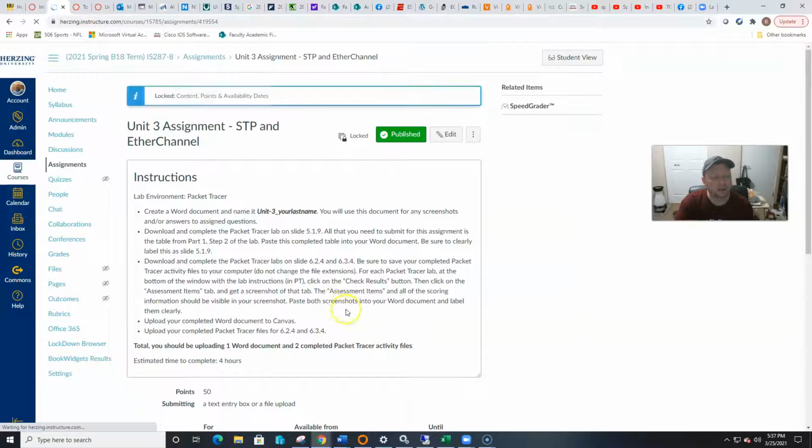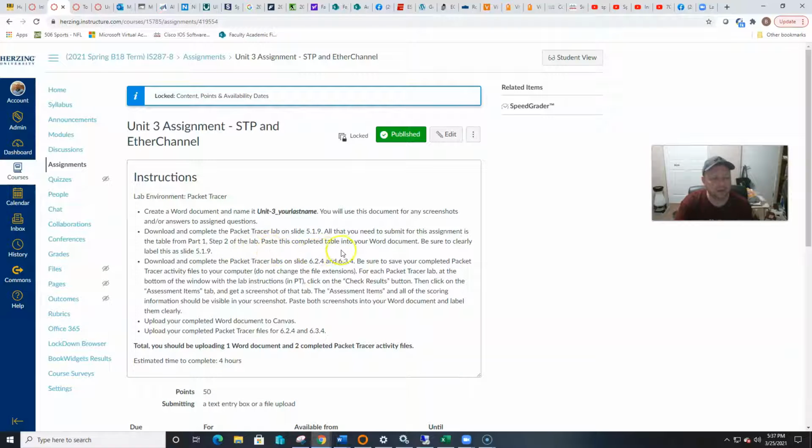Taking a look at the assignment, not a whole lot going on here. You have the Packet Tracer lab on slide 5.1.9, and as it mentions here, all you need to submit for this assignment is the table from part 1, step 2 of the lab.